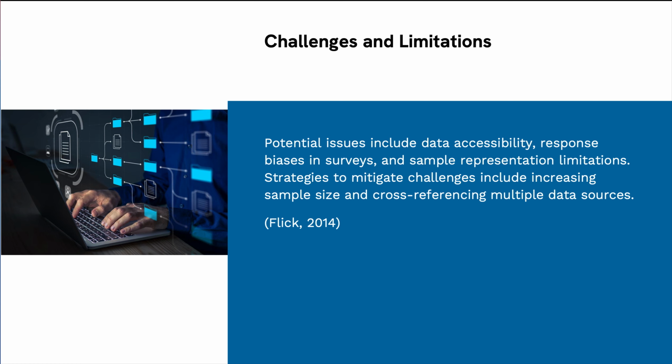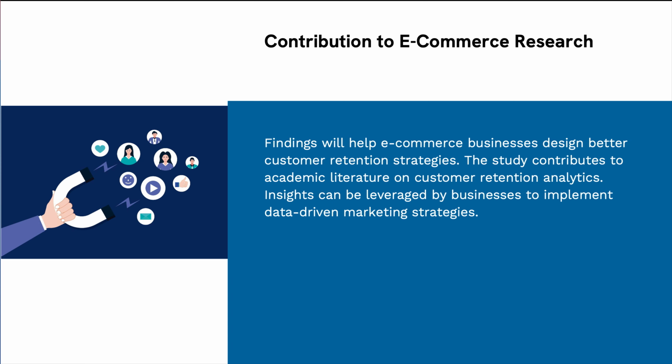To mitigate these, we increase the sample size, like surveying 1,000 or 10,000 sources from the public. We use multiple data sources, like transactions, as just mentioned, and apply bias reduction techniques. So next will be our contributions to e-commerce research.